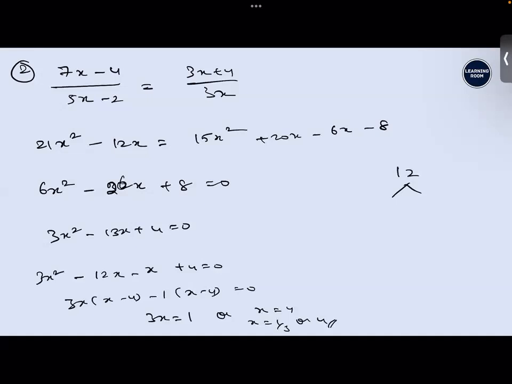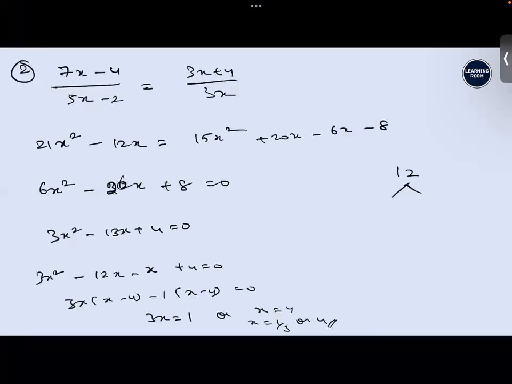So what is the answer? Whole of 1 by 3, right?